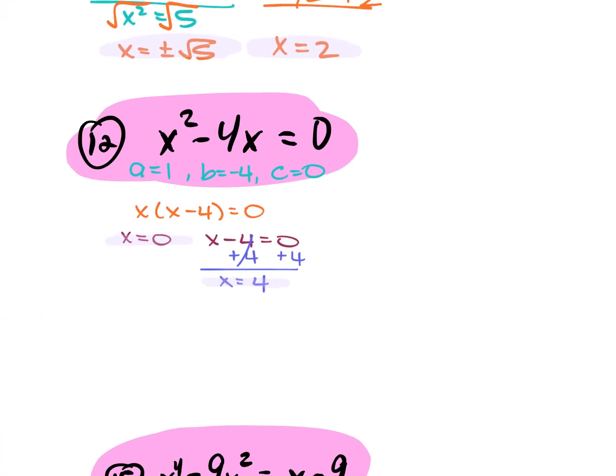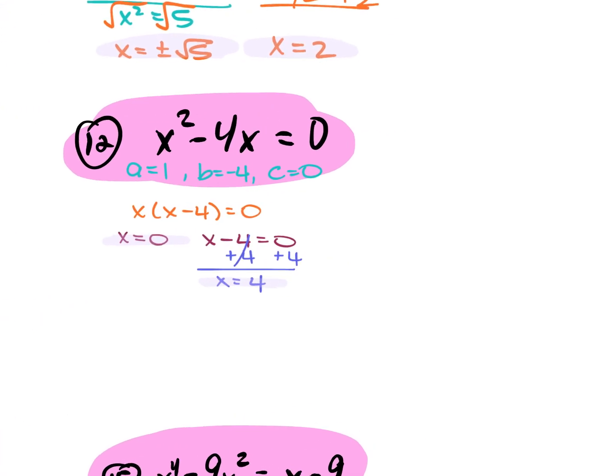If you were to use the quadratic formula, negative b plus or minus the square root of b squared minus 4 times a times c all over 2 times a, you'd have x is equal to the opposite of negative 4 plus or minus the square root of negative 4 squared minus 4 times 1 times 0 all over 2 times 1.